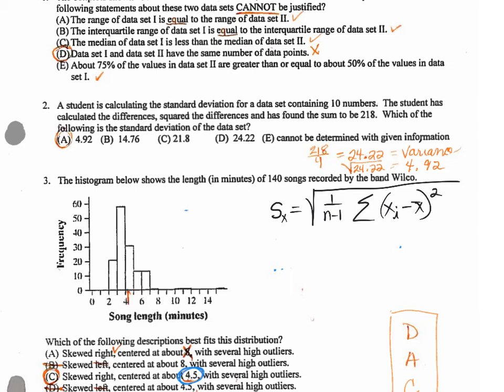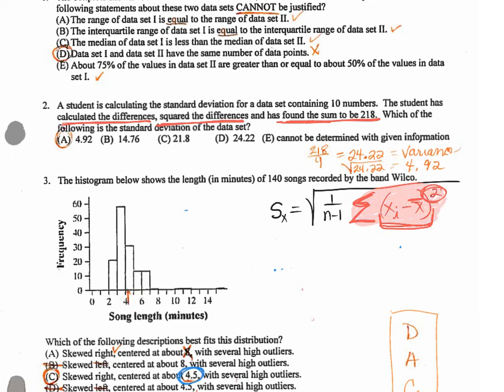So look at what they say. They say calculate the differences. That's all of these right here. Find every single one's difference from the mean. Square those differences. That's this piece right here. The sum of it, that's this sigma. So they found this section that I'm highlighting to be what value?